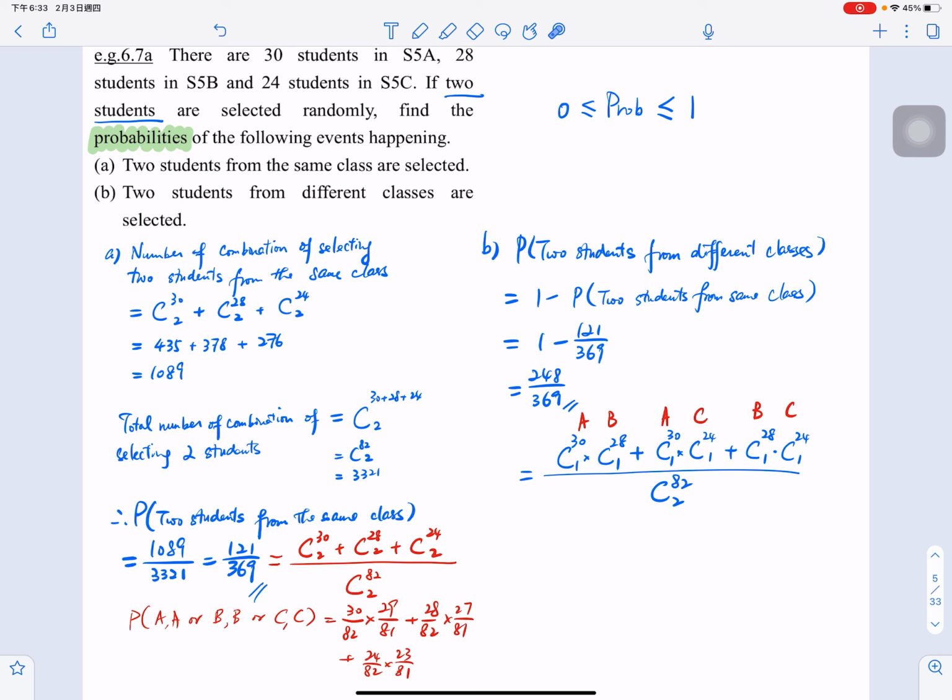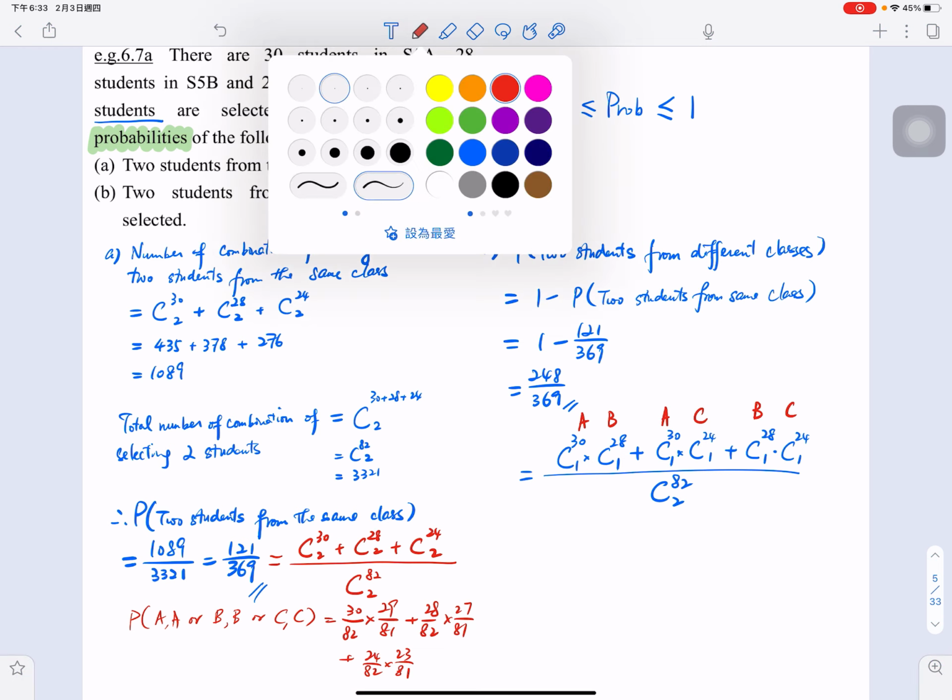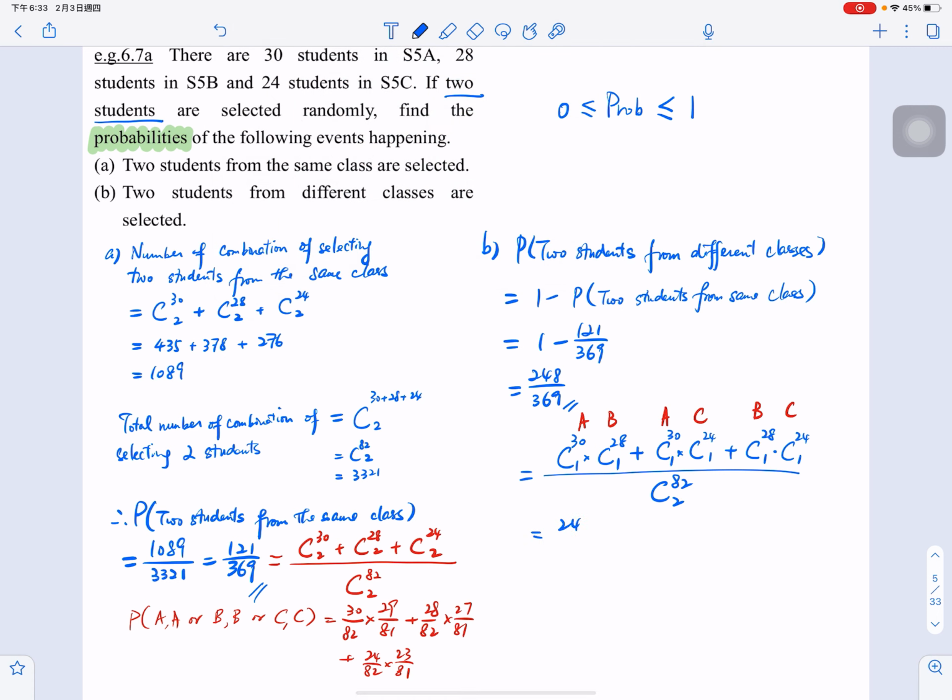Because they are combinations, just choose AB, AC, BC, and then add up all together. From A, choose one, from B, choose one. From A, choose one, from C, choose one. And the last one, from B, choose one, from C, choose one. All together over the total number of combinations. You can get the same result: 248 over 369. Clear?